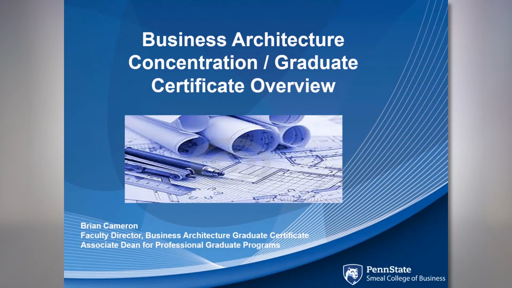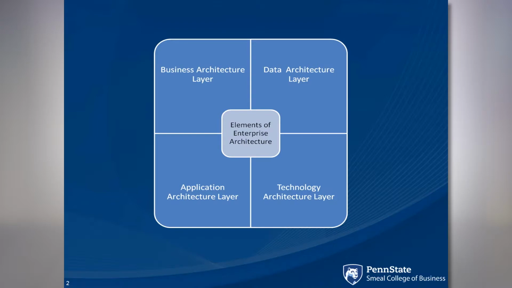So let's take a step back for a second and look at some of the industry drivers behind the graduate certificate and some of the details of the certificate. The business architecture concentration and graduate certificate has its roots in enterprise architecture. Traditionally, business architecture grew up and in some organizations still resides within enterprise architecture and perhaps even under the IT organization.